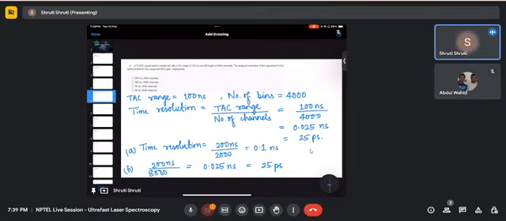The detectors will be such that they measure only one photon at a time. Have you heard of these SPAD detectors? You can Google about it. It is single photon avalanche detectors, that is the full form. So these detectors detect only one photon at a time.